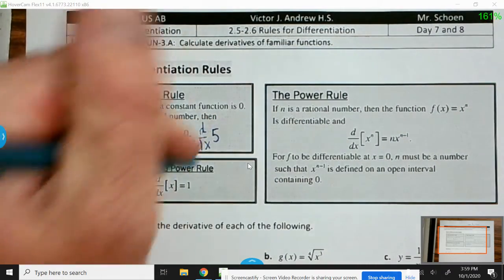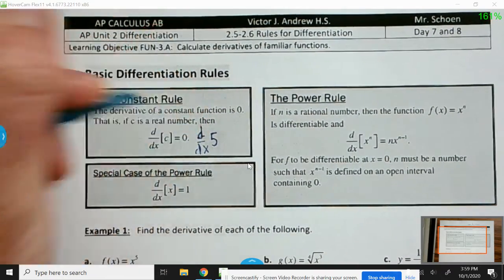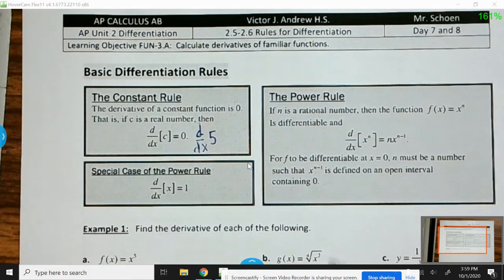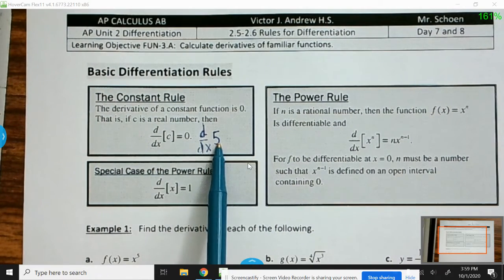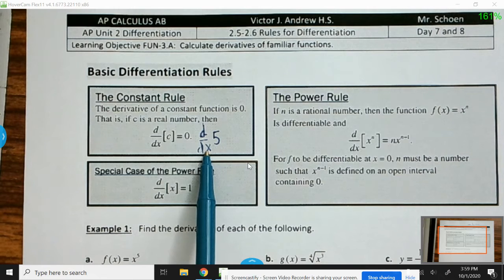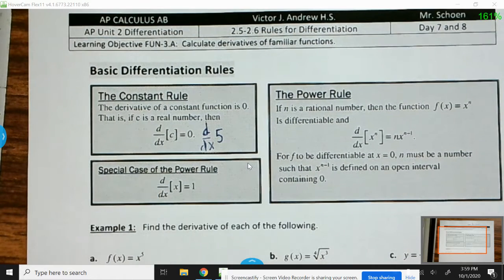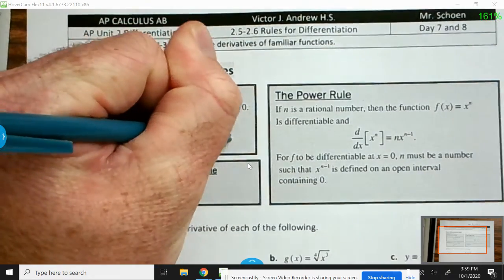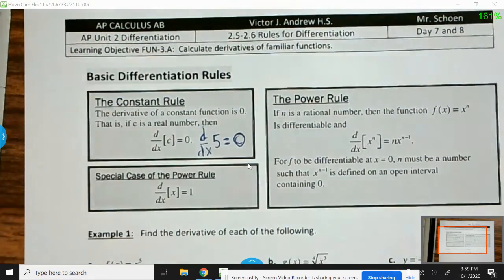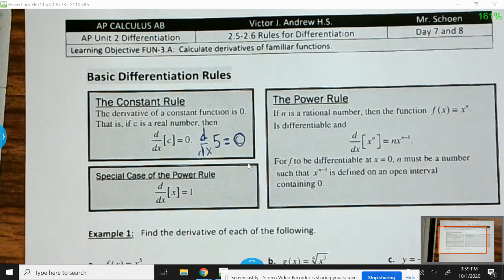Notice this kind of new notation here. It's just saying, what's the change in the function called 5 with respect to x? How is 5 changing? Well, if the y values are always 5, then they never change, right? The derivative of a constant function is always 0, right?